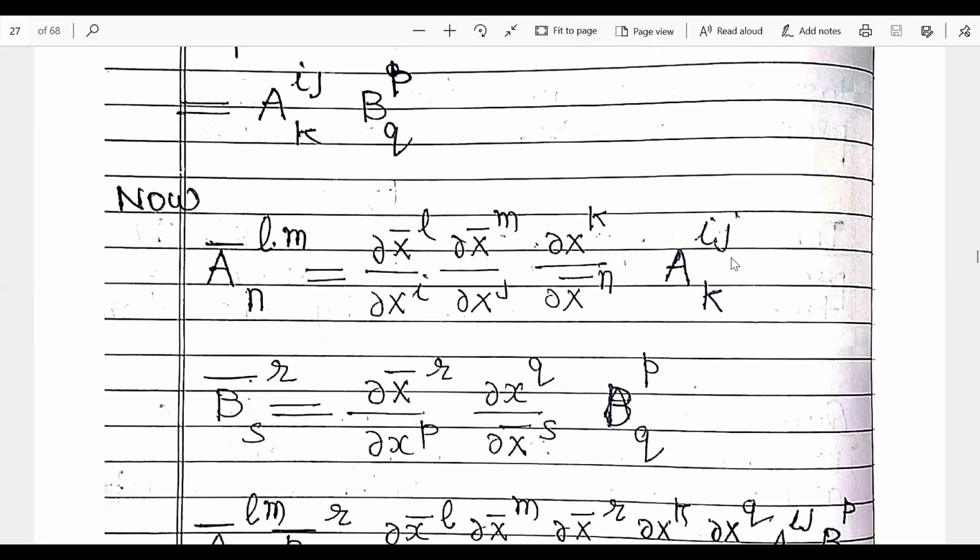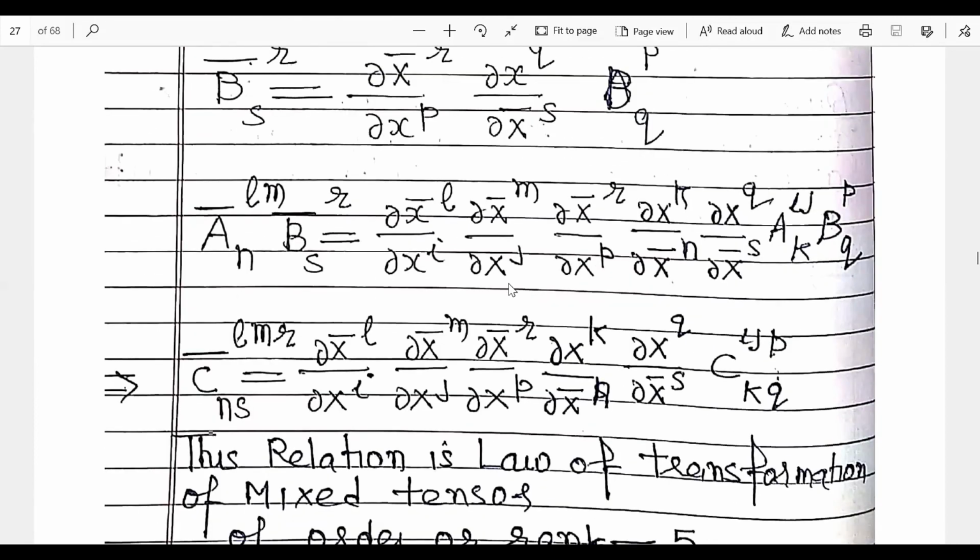Now first take contravariant: curly x bar l over curly x i, and curly x bar m over curly x j, related to i and j. Now we take the covariant index, curly x k over curly x bar n, related to k, which goes on the other part. Similarly for B bar^r_s, because that is related to p and q. Now multiply. What do you get? 1, 2, 3, 4 and 5.